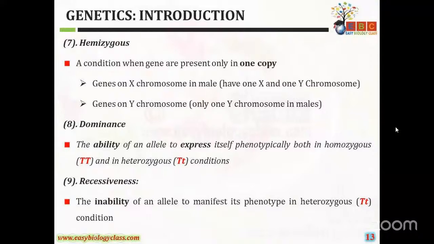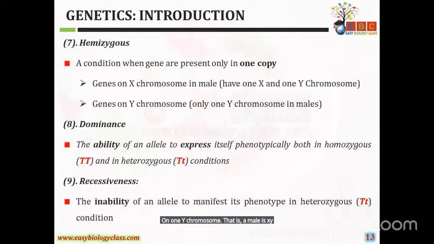So another terminology is hemizygous. Hemizygous is a condition when a gene is present only in one copy. For instance, sex chromosomes. The sex chromosomes in human are X and Y. So a male has one X and one Y chromosome. Okay? That is, a male is XY.